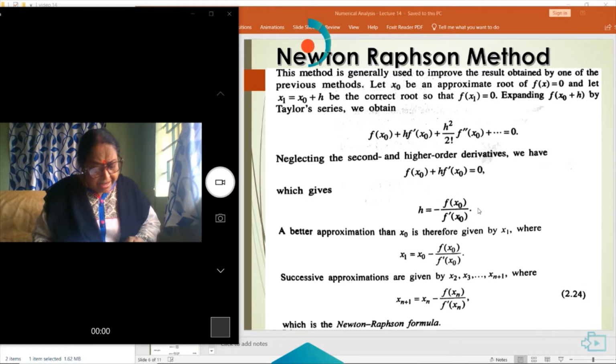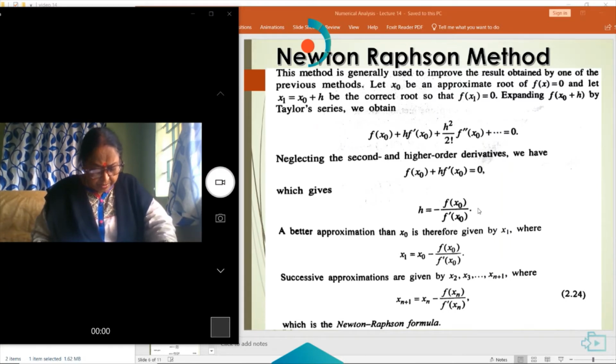Expanding this by Taylor's theorem, we can write fx0 plus h is equal to fx0 plus h f dash x0 plus h square by factorial 2 f double dash x0 and so on. Neglecting the second and higher order derivatives, we get fx0 plus h f dash x0 is equal to 0.